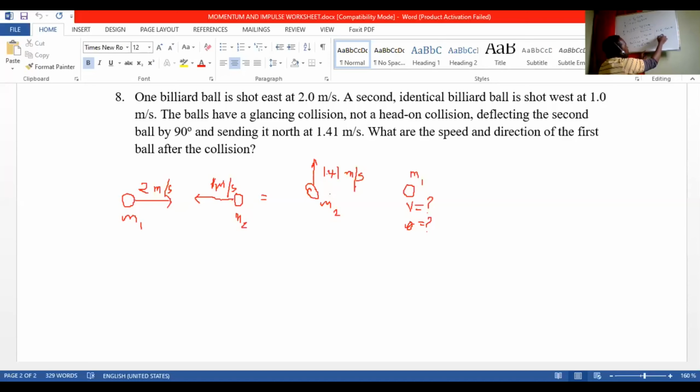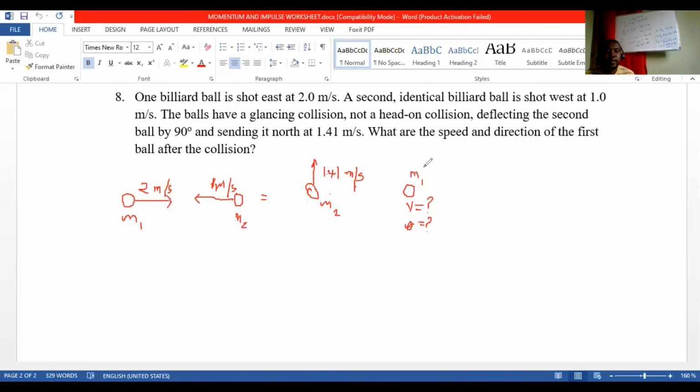So 1 is equal to V1F cos 54.65, so basically V1F is equal to 1 over cos 54.65, and that's equal to 1.73 meters per second.